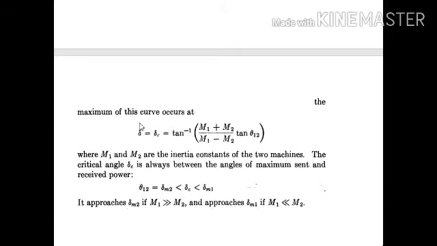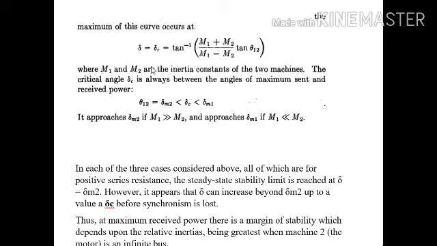Okay, and the maximum of this curve is obtained at an angle delta equal to delta C, which is given by the formula tan inverse of (M1 plus M2) upon (M1 minus M2) into tan theta 12, where M1 and M2 are the inertia constants of the two machines. The critical angle delta C is always between the angles of maximum sent and received power. This delta C is always between delta M2 and delta M1, right?